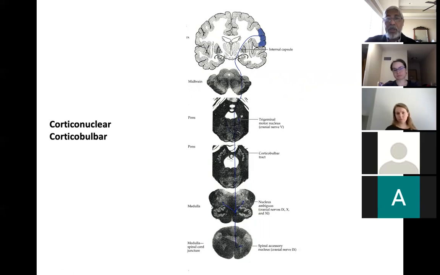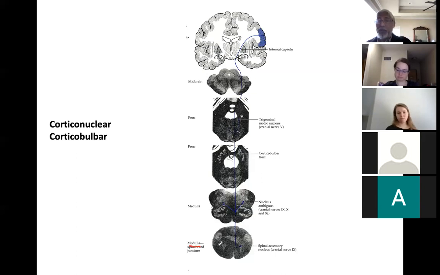Why is this not a corticospinal? It's cortico for sure, right? There is no problem with cortico. Cortico is sure because it originates in the cortex. Why are you not calling it a corticospinal? Which area is this? Look at this one. This is medulla, right? Where does the spinal cord begin? The spinal cord begins at the end of the medulla.